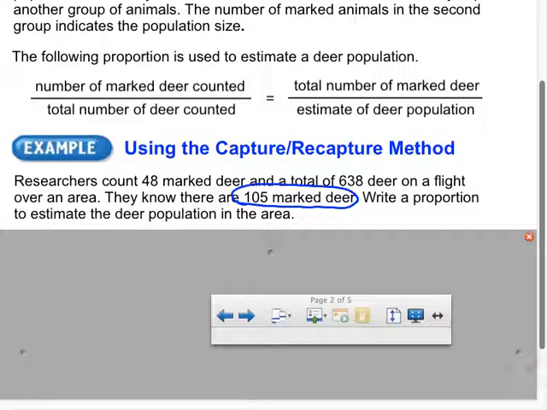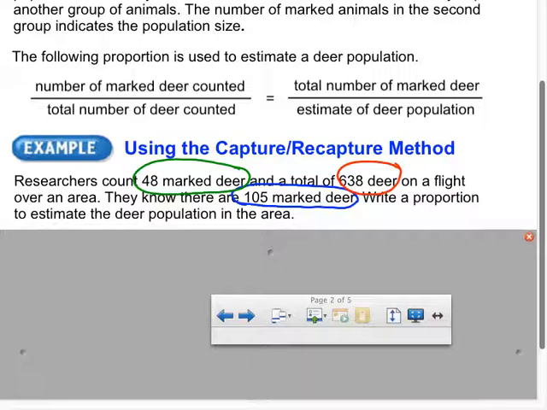When they counted the deer up that they saw from the plane or the aircraft, they saw 638 deer. Guess what? Out of that group that they counted, randomly selected and counted, they saw that 48 of them were tagged. So this is the recapture part, what you see in red and green.